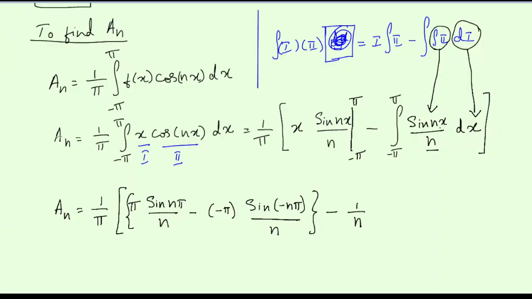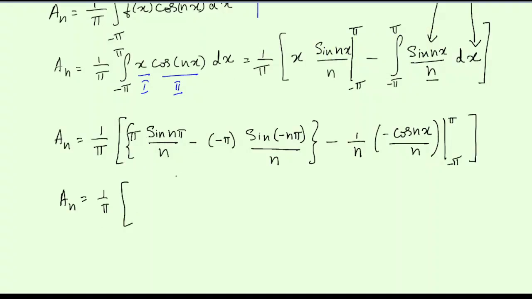Now integration of sin nx is minus cos nx, so minus cos nx divided by n. The limits are minus pi to pi. So here, let's simplify this further. You'll have pi sin n pi by n, minus into minus becomes plus pi, sin of minus n pi is minus sin n pi.